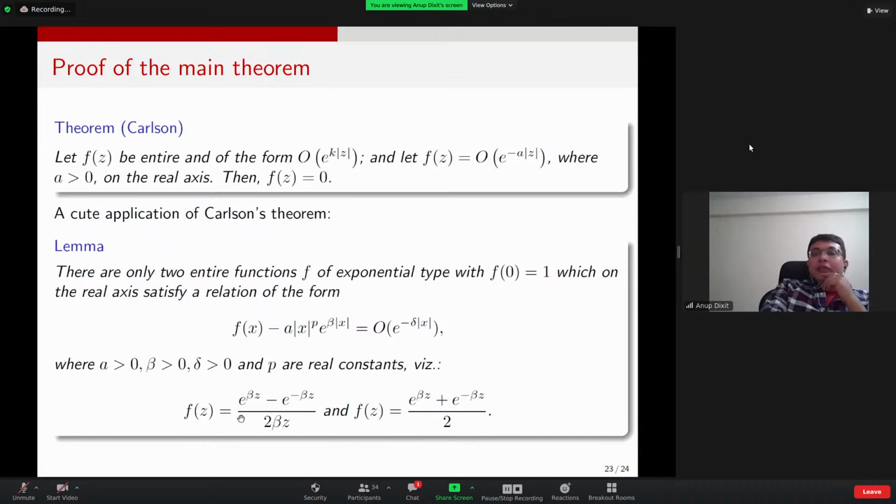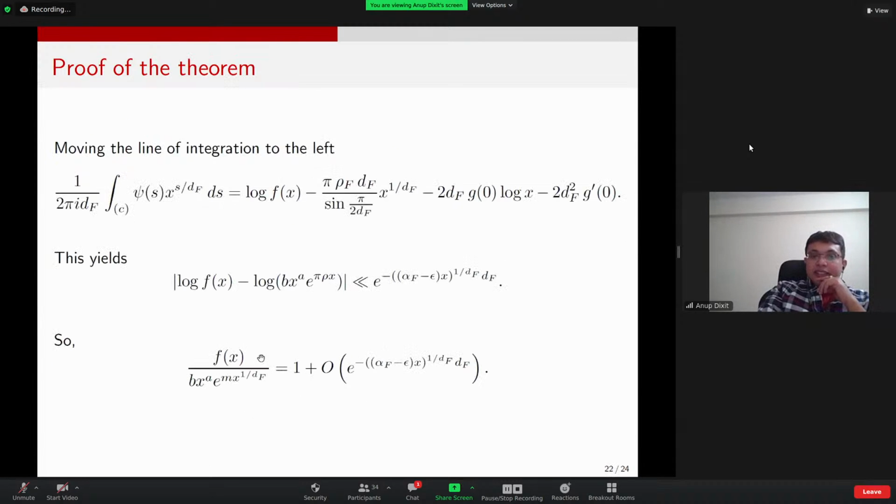Now remember that when we defined our f of z, it was an entire function, but it was also an even function. So whatever happens for x greater than 0, the same happens for x less than 0.